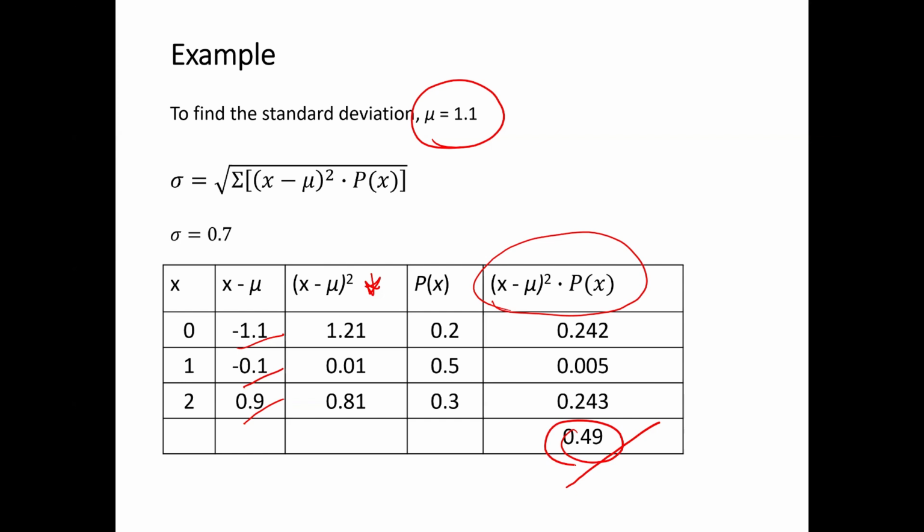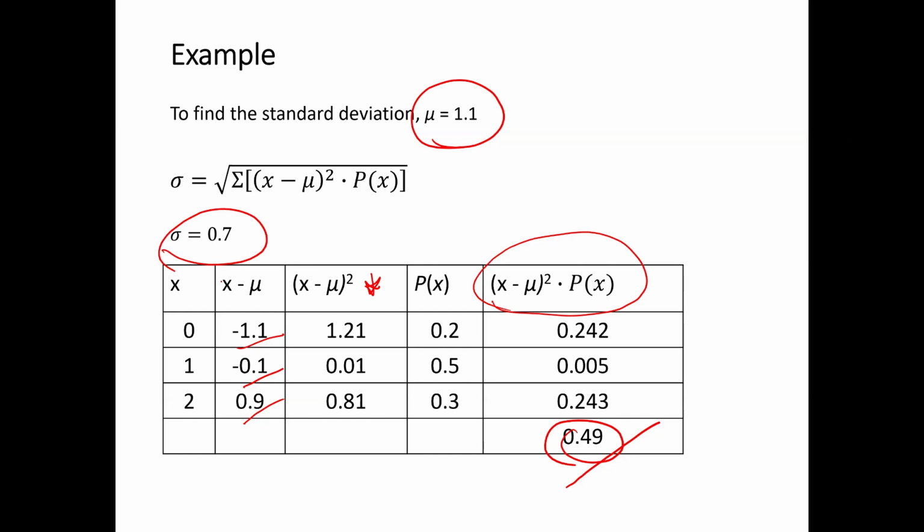Oh, that is the sum. Duh, Lisa. It helps if you look at your table. Okay, and then you take the square root of it. So sigma is the square root of 0.49, or 0.7. So the long-term average is 1.1 with a standard deviation of 0.7.